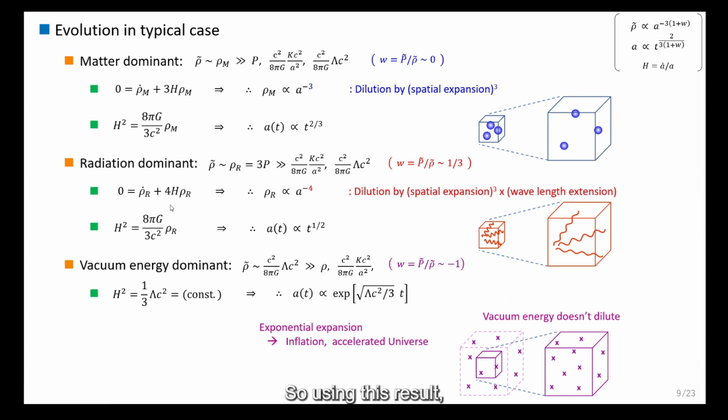Using this result, the radiation energy density is proportional to the scale factor to the power of -4. So the physical meaning is like this.